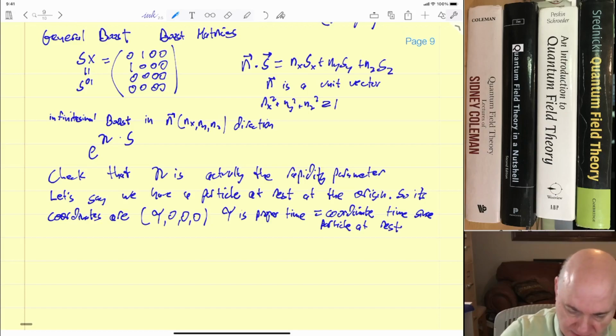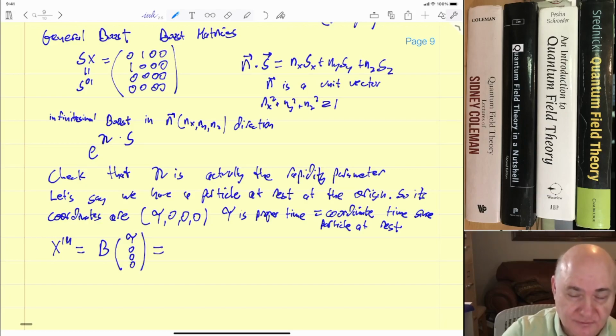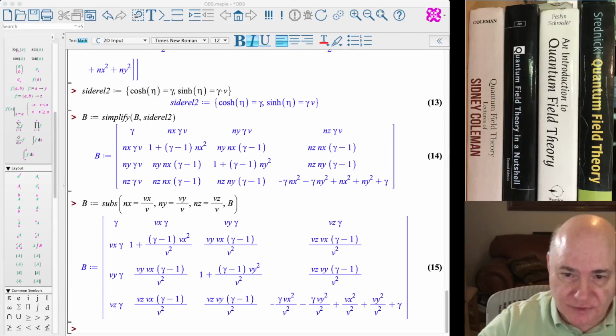Now, if we want the new coordinates after we boost it, it's just a multiplication of the boost matrix times the vector tau, 0, 0, 0. Now this is very easy to evaluate. Let's go back to the Maple worksheet.